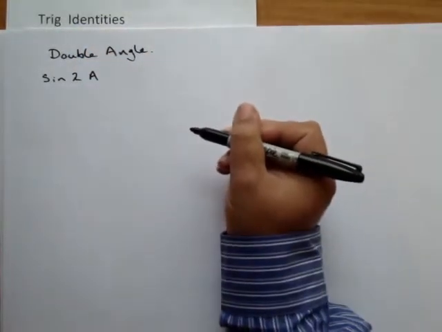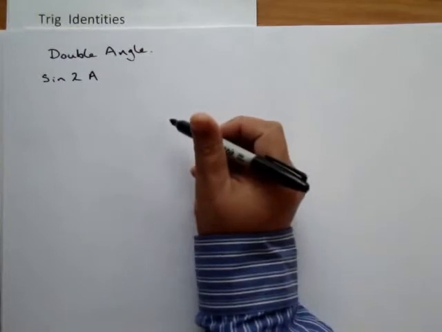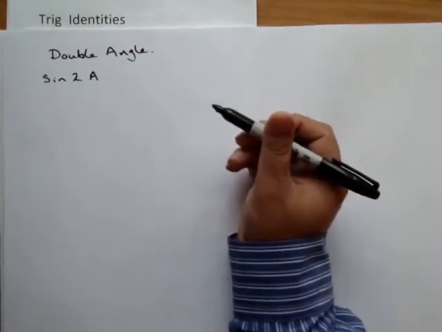So this again follows from our previous angle sum and difference identities.